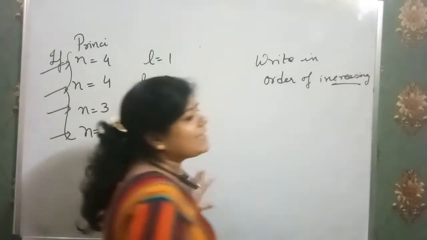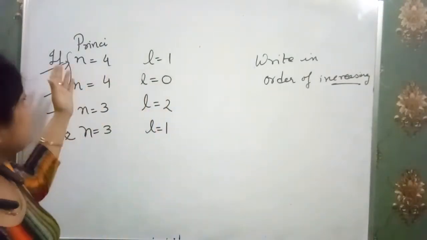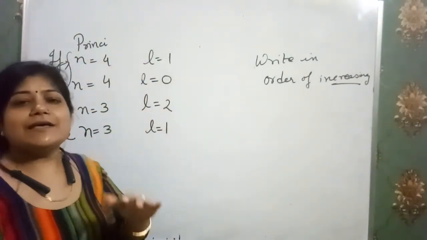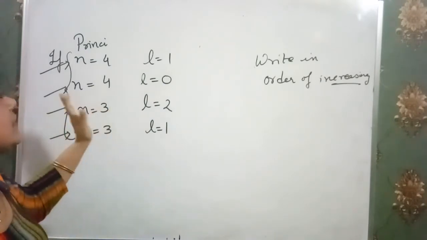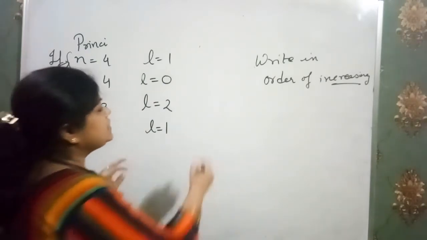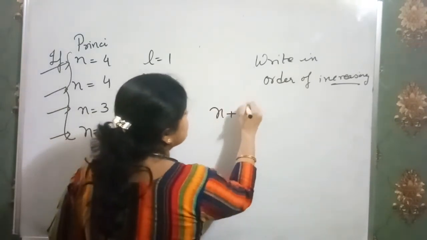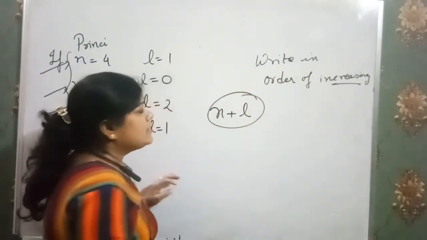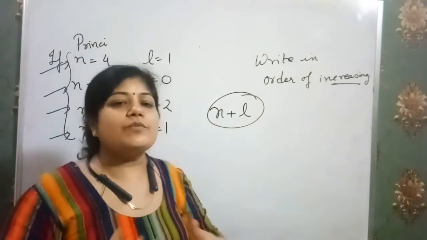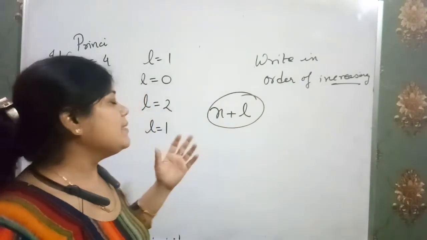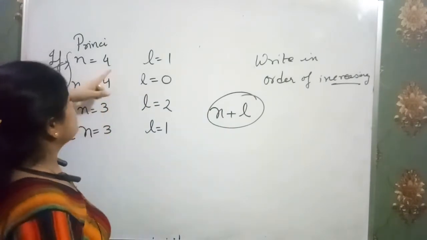Or the question is like this: which set of quantum numbers has the highest energy. So in these types of questions, we just add n plus l. The n plus l value which is the highest has the maximum energy. Now just we do that.